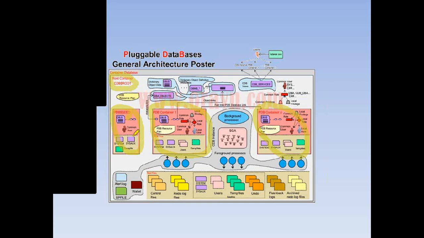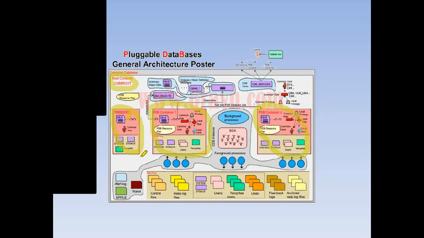The change is that the Oracle SGA and background processes will be shared among all pluggable databases, but the main container database will have the system tablespace, sysaux tablespace, users tablespace, temporary tablespace and undo tablespace.